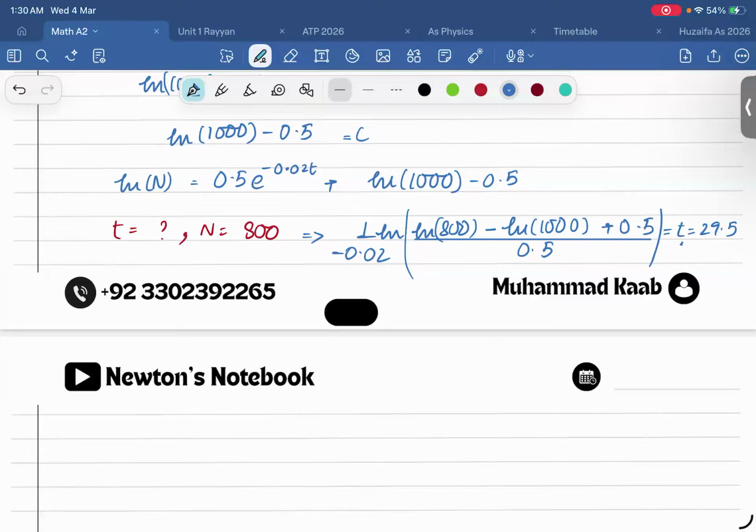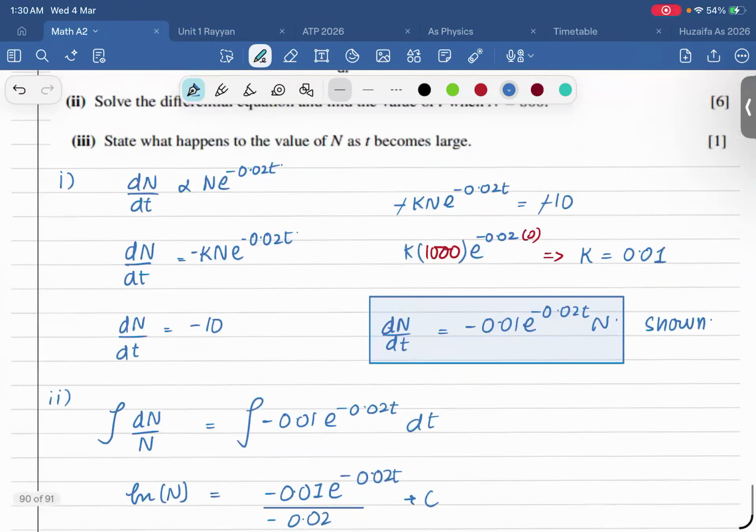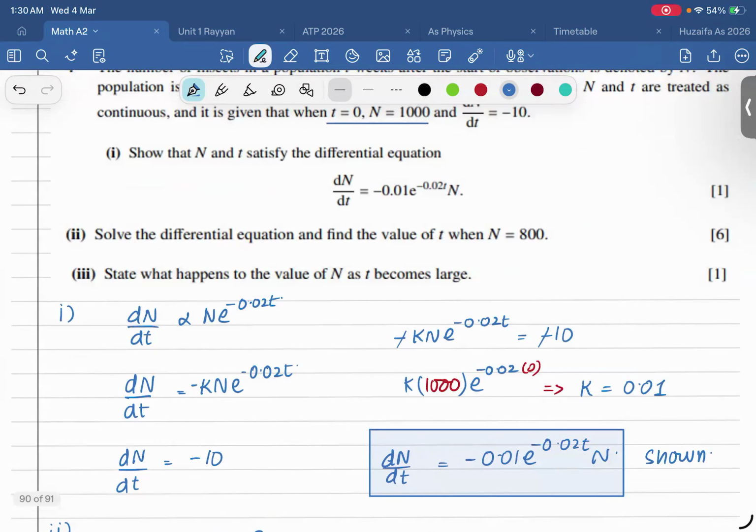Now the last part is saying: state what happened to the value of n as t becomes large. Generally, when they say t becomes large, we consider it as infinity, right? And we know that 1 over infinity is 0, right?